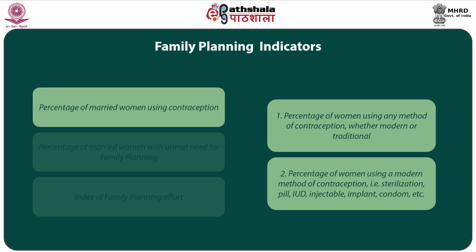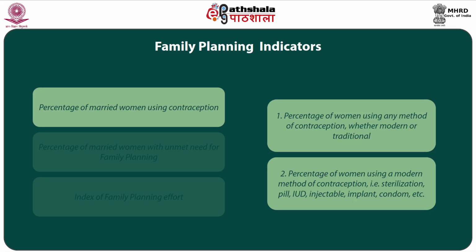So, the numerator is the number of women aged 15 to 49 years who are married or in a union and using a contraceptive method. The denominator will be all the women 15 to 49 years who are married or in a union, irrespective of the use of contraceptive method.